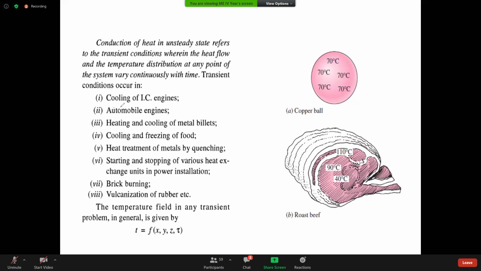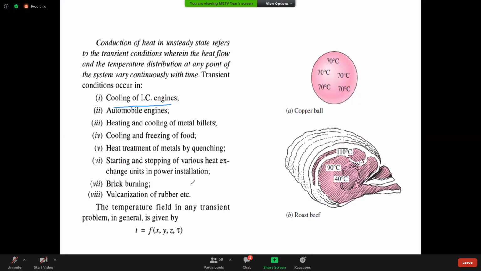So the cooling of IC engines is an example, because cooling of an IC engine is not a process that happens at a time. It takes a lot of time. You circulate the water, and it slowly cools. For example, our car engine: a radiator is used to circulate the cooling water.